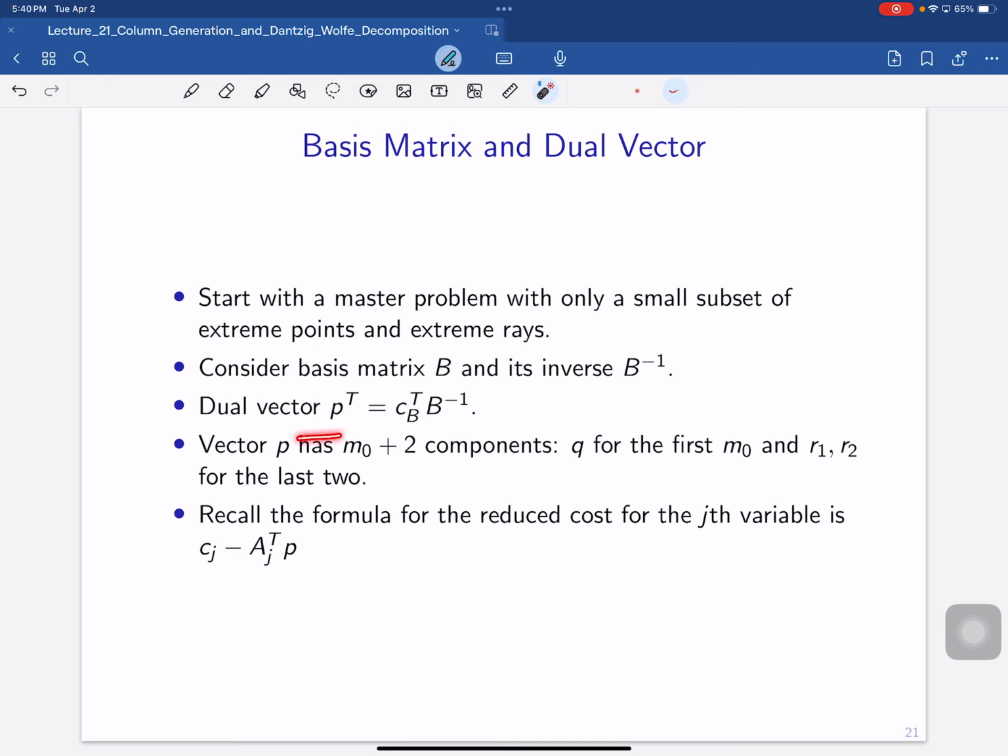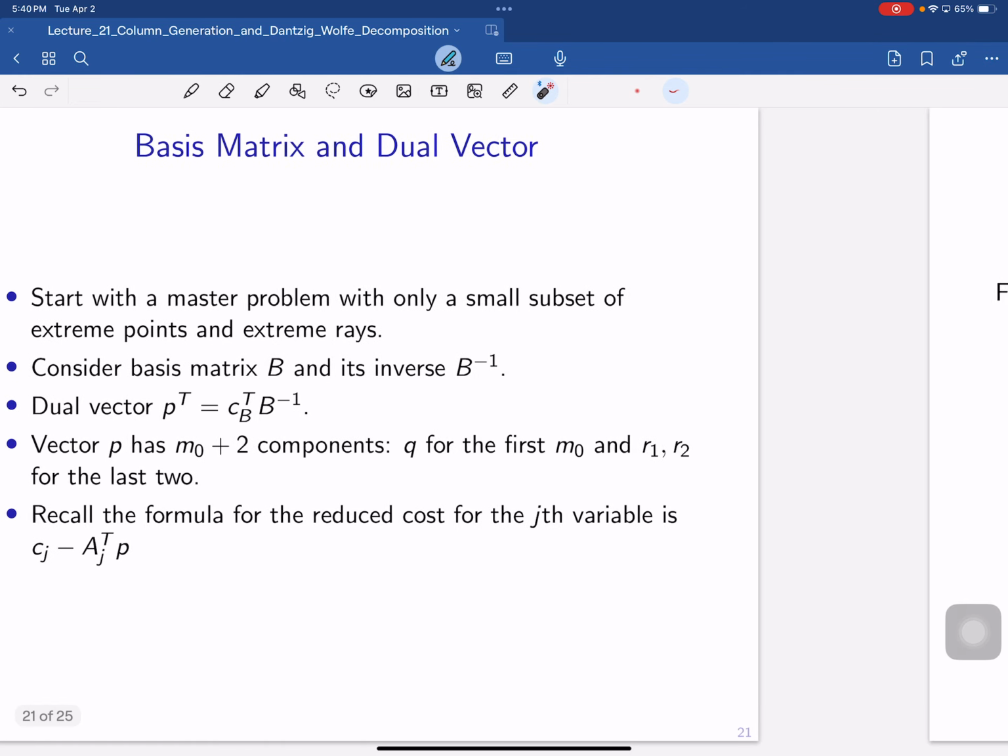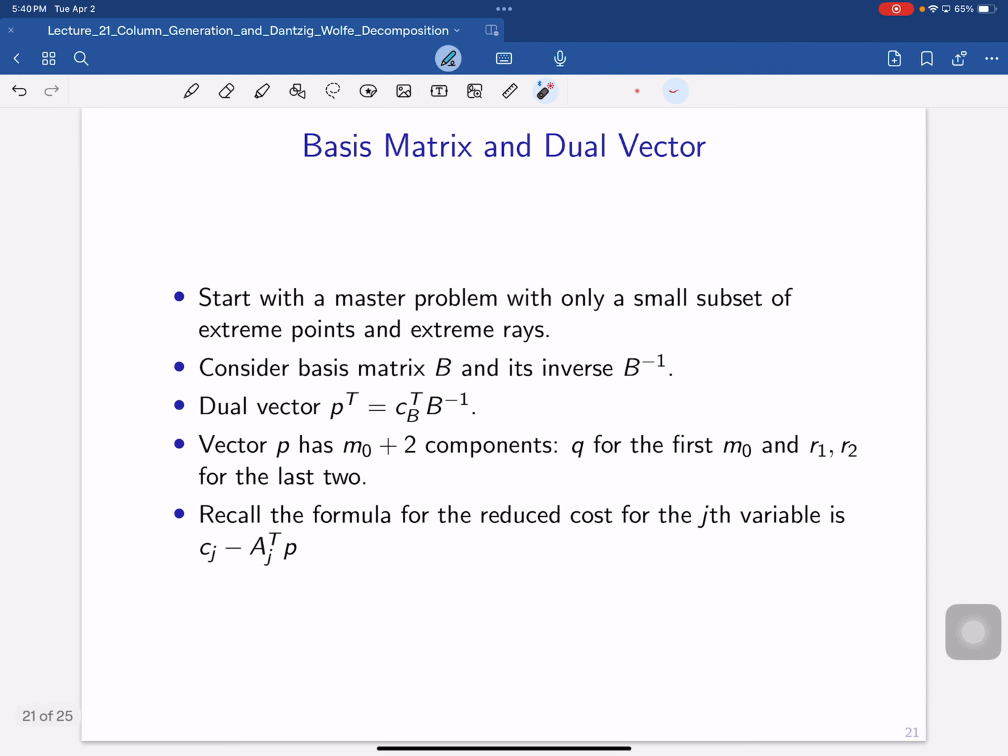You can calculate the dual vector, and the dual vector has M0 plus 2 components, right? The first part, you call it Q, that's for the first M0 equality constraints, and then the last 2 components, you call them R1, R2, okay? And then we need to calculate the reduced cost for the jth variable here.